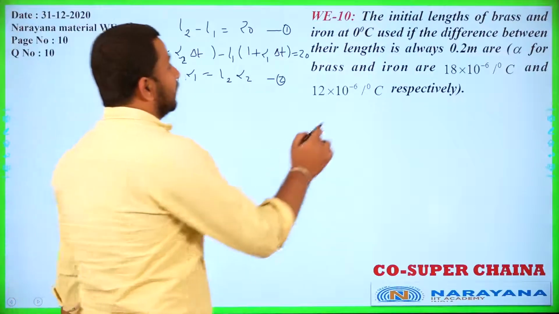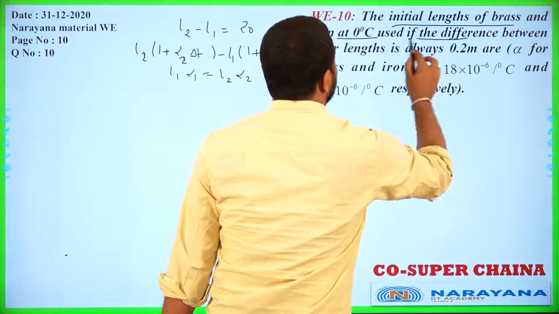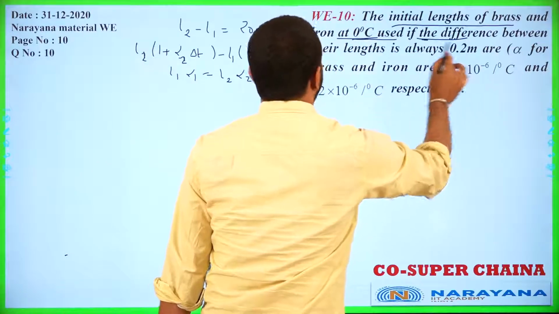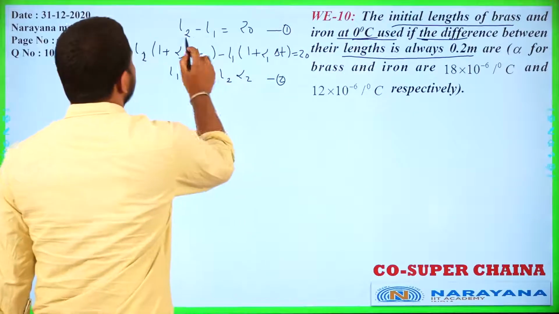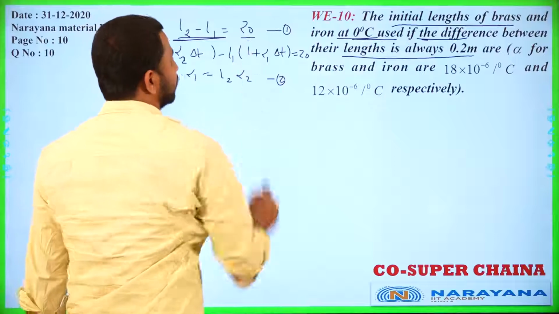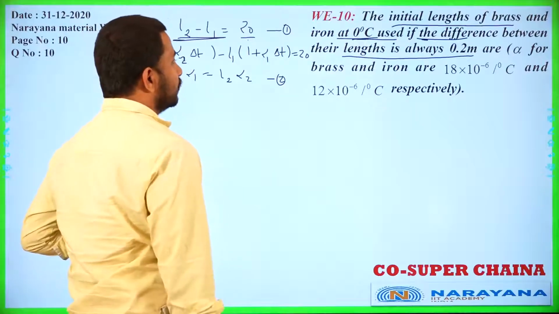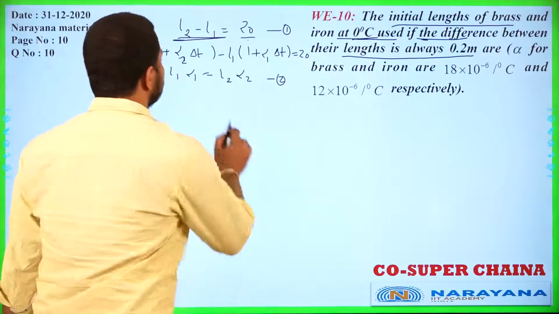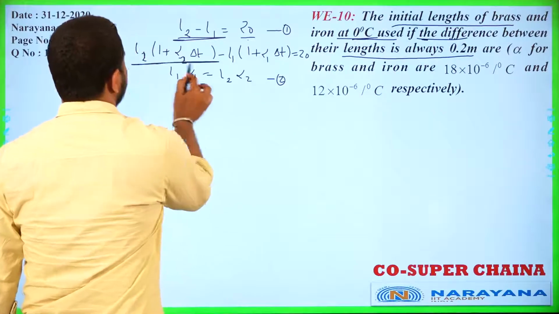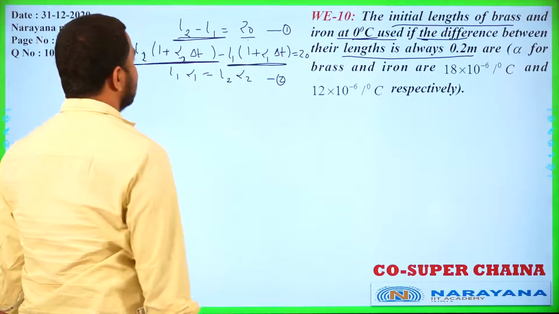Here, students, given that the initial lengths of brass and iron are at 0 degrees, the difference between their lengths is always 0.2 meter. So the difference in length is always 20 centimeter, and this holds at a certain temperature, so again 20 degrees Celsius.